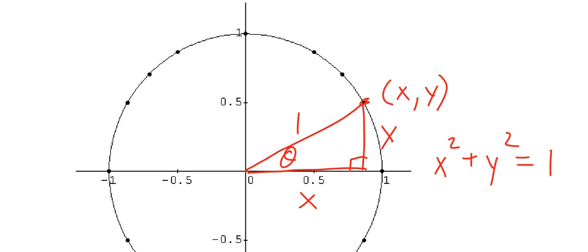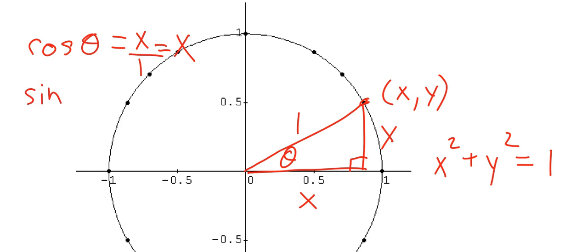What is the cosine of theta? The adjacent side divided by the hypotenuse, also known on the street as x. And the sine of theta, opposite over hypotenuse. Y over 1, also known on the street as y.